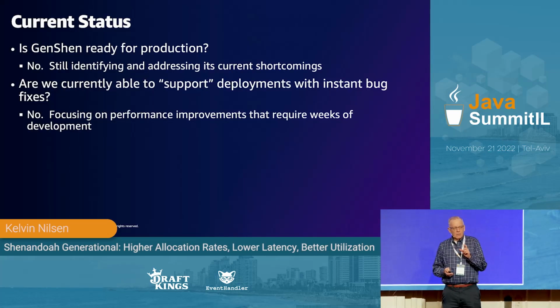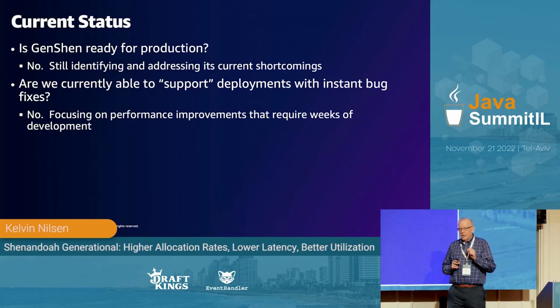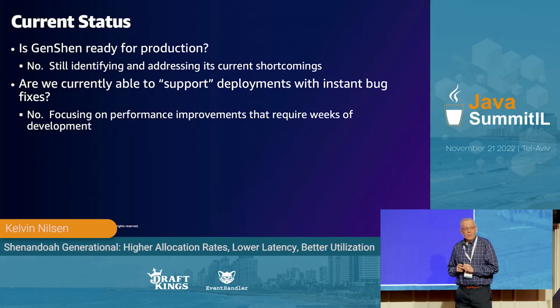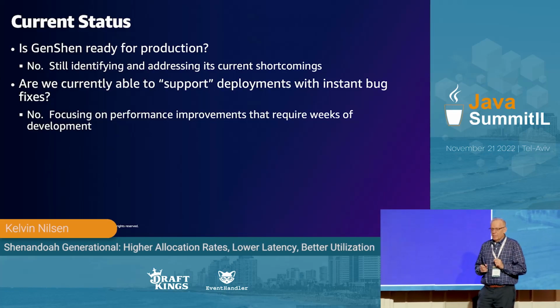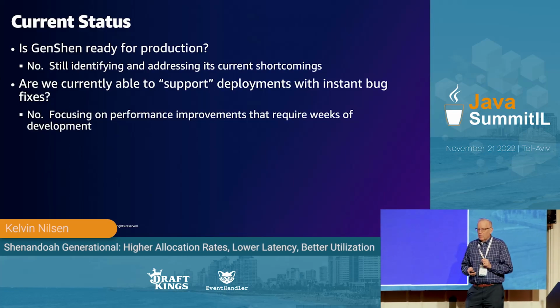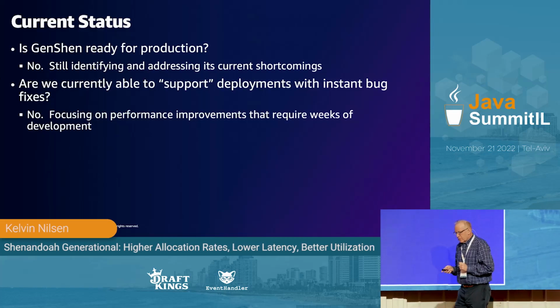The second reason why it's not recommended for production use, besides some of the technology, is we're not in a DevOps mode of operation yet, where if you have an issue, we'll jump on it and promise to solve it overnight. We're just still focused on performance issues that might take weeks of time.